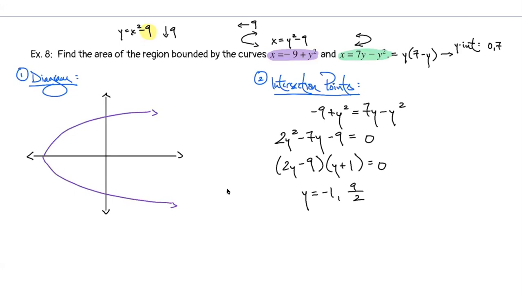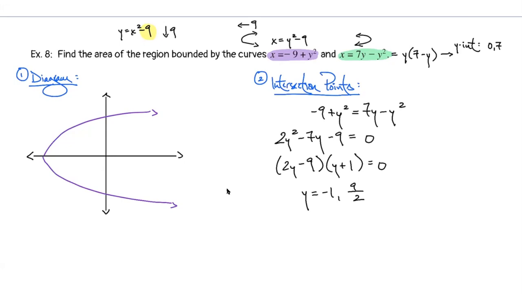Opening to the right. So just like by default, when we're looking at an x situation, positive means up. When we're looking at something with y, positive means to the right, okay? So we've got this parabola, and then we've got this other one, 7y minus y squared, that actually opens in the opposite direction.